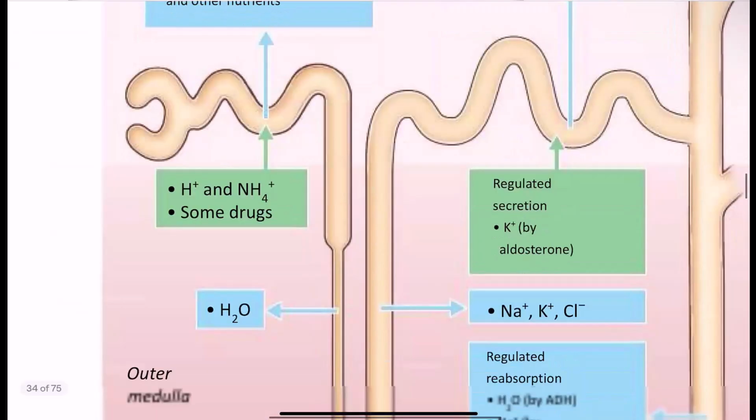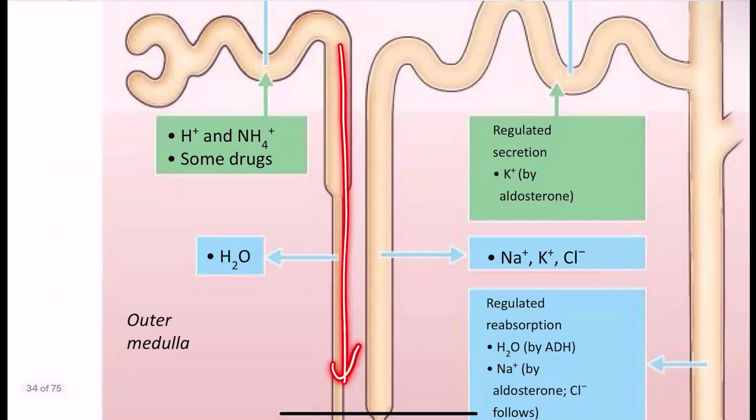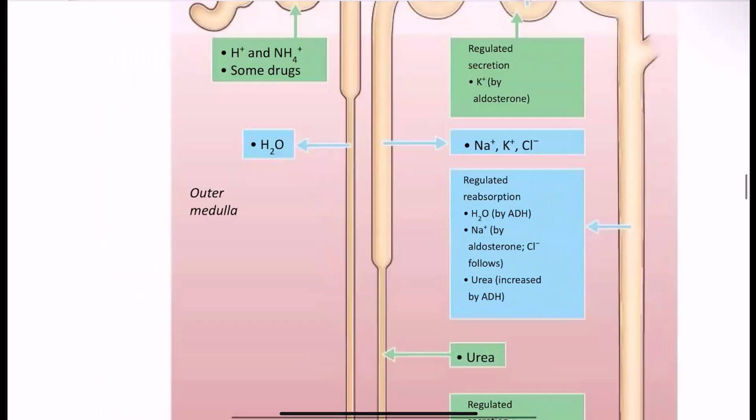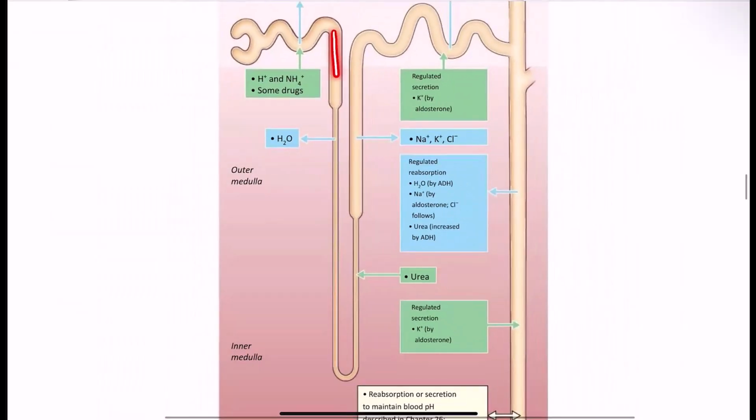Then from the PCT, we go down the descending limb of the nephron loop. So going down the descending limb of the nephron loop, notice that the only thing that's moving is water. This is something that's really, really important.